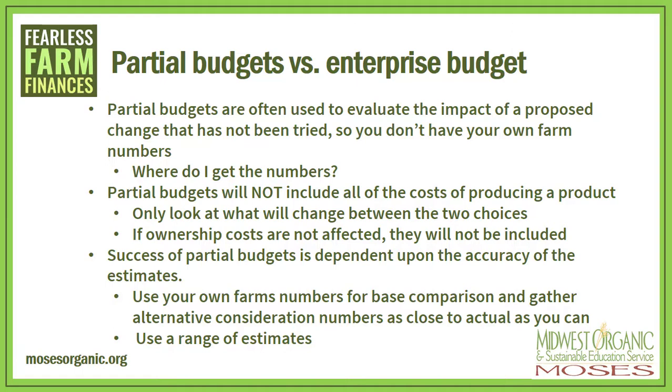And know that once you make the change, or let's say the change looks good and you're going to make it, the numbers will never be the same as what you actually estimated, but hopefully you can get close. And then, like I just previously mentioned, use a range of estimates to know what is the risk of this proposed change, and is it pretty likely that you'll succeed, or does it carry some question marks or some iffiness to it?